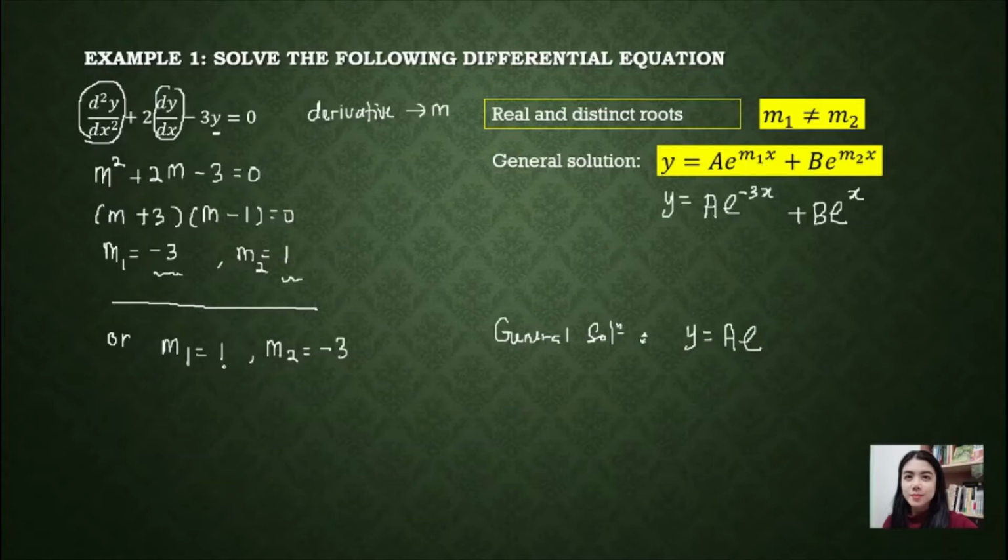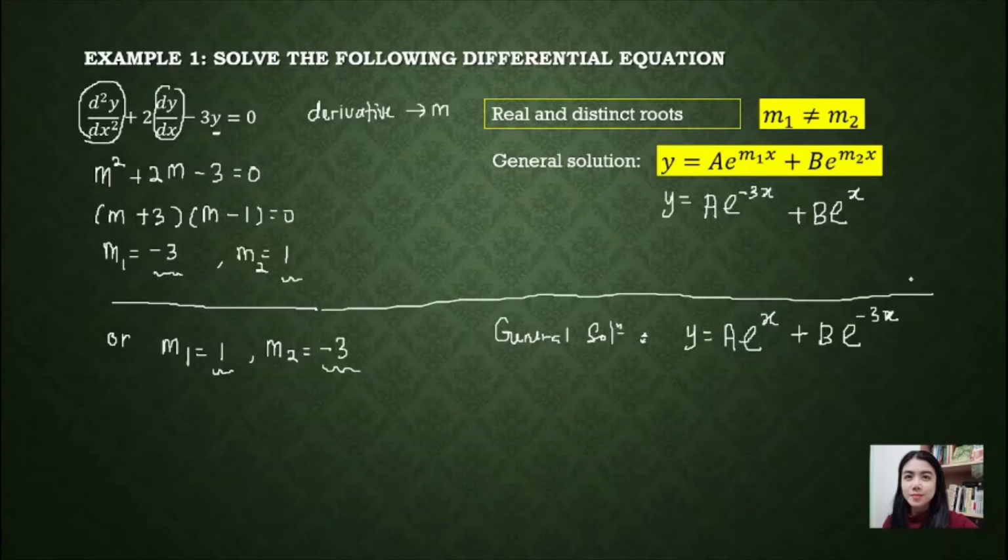Your m1 now is 1, so 1 multiplied with x will give you x, plus b e to the power of m2x. m2 is minus 3, so minus 3 multiplied with x will give you minus 3x. So either you can give your answer in this way or you can leave your answer in this way. Both of them are the general solutions for this example.